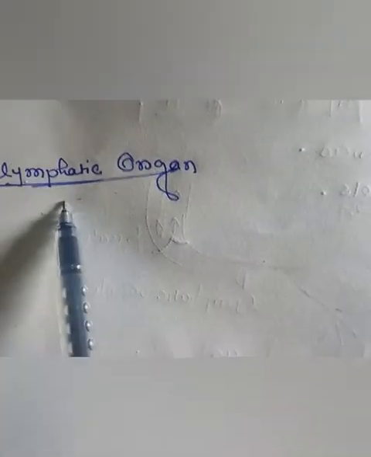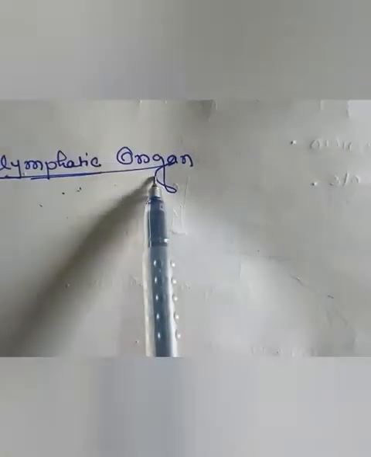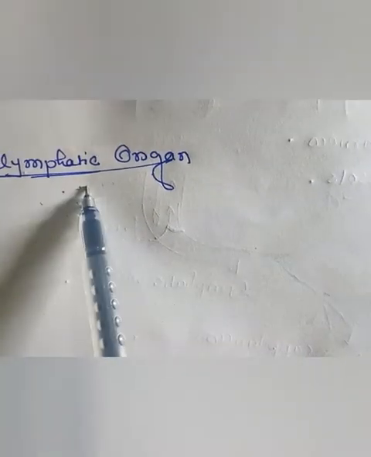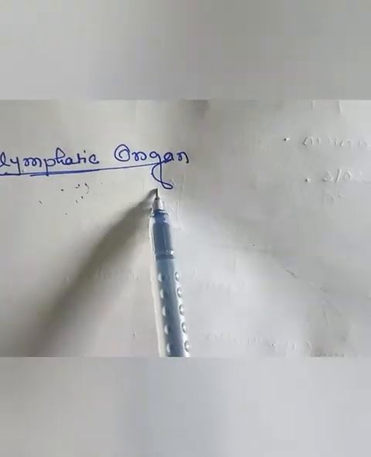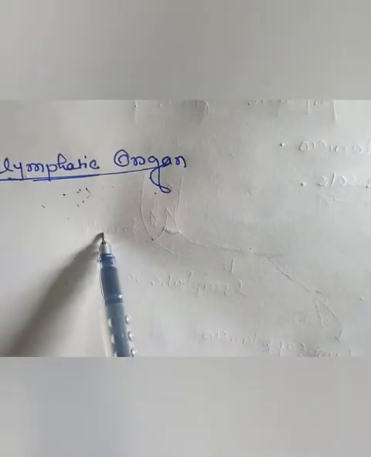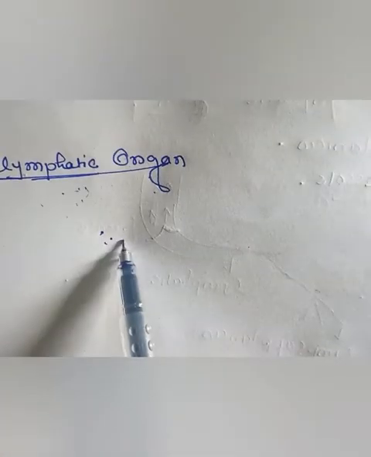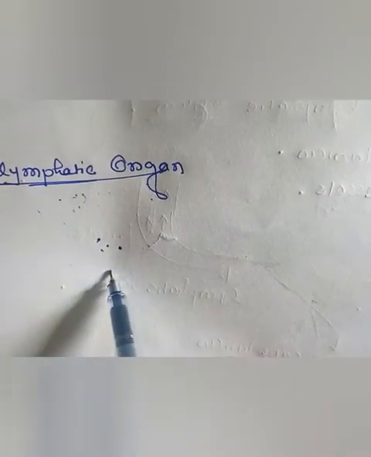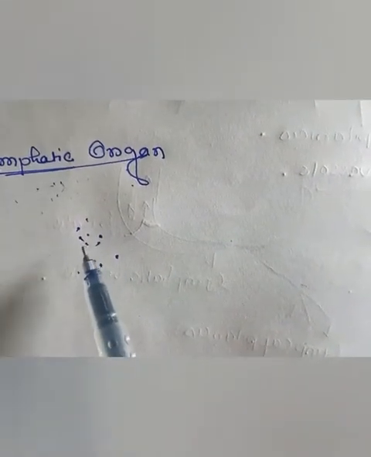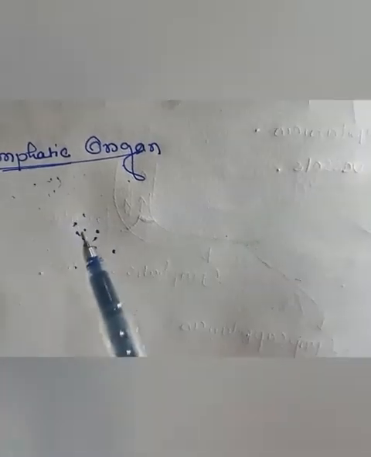The lymphatic organs help the immune system, and in them lymphatic tissue is present. This lymphatic tissue produces lymphocytes and also helps their maturation, and these lymphocytes kill foreign antigens like bacteria and viruses.